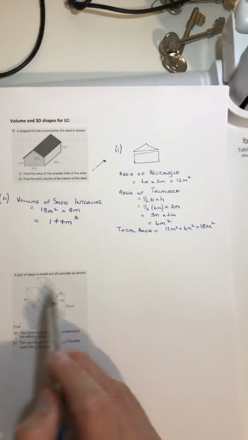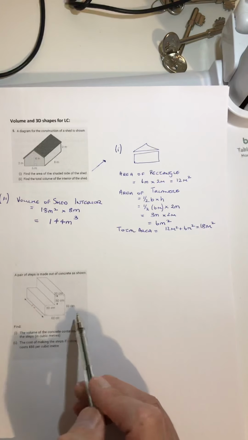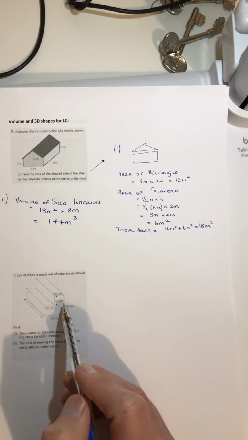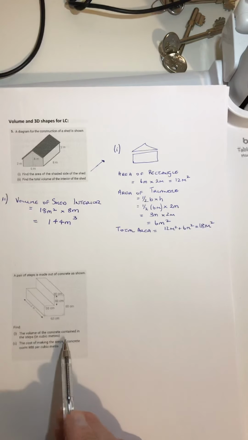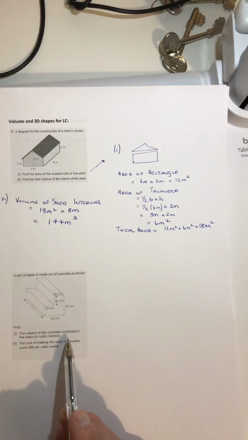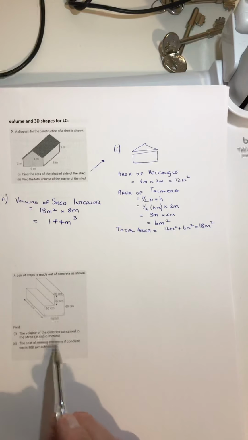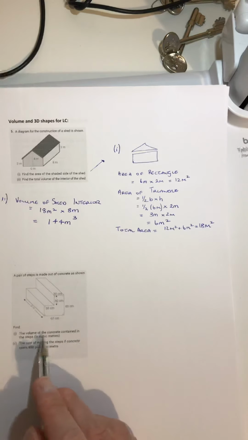And now we have a pair of steps made of concrete as shown, and we have the dimensions. So we want to find the volume of concrete contained in the steps, and we want to put our answer into cubic meters.